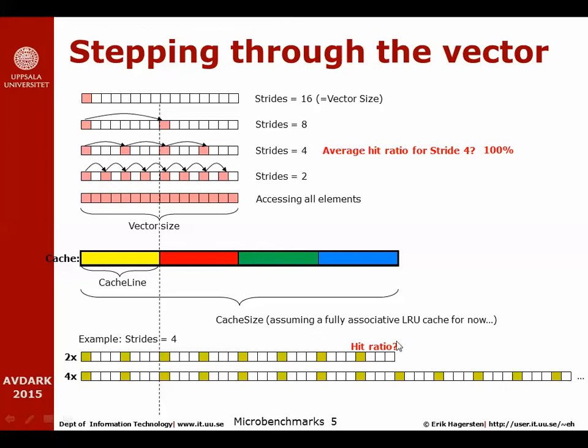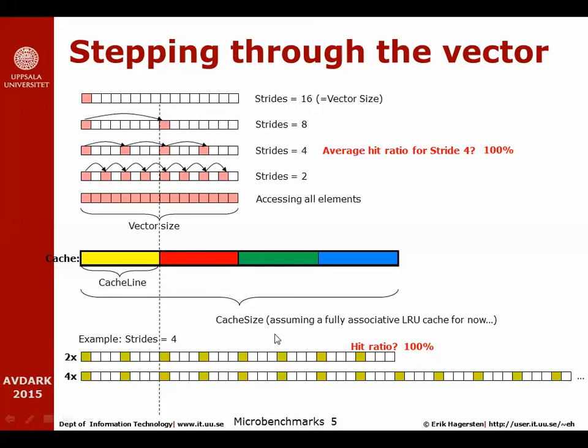But once we loop over this vector a second time and a third time and a 1000th time, we're going to find all the elements we're interested in. So even here, the hit ratio would be 100%. And actually for the 2x size, the stride we use really doesn't matter. Regardless of stride, we're always going to find the data we're interested in the cache.